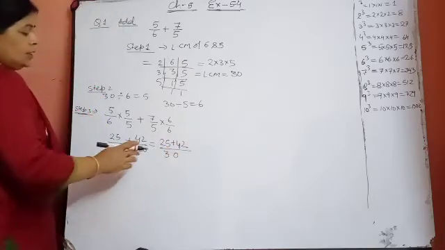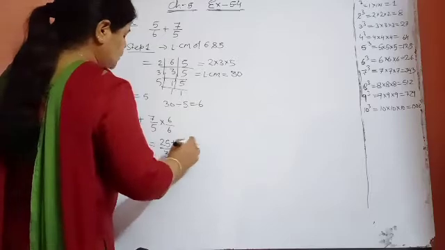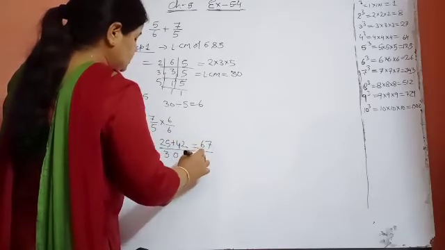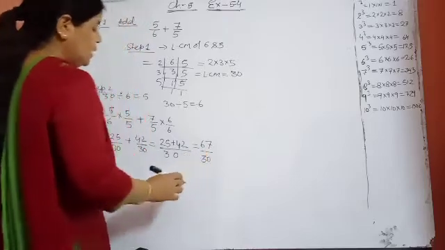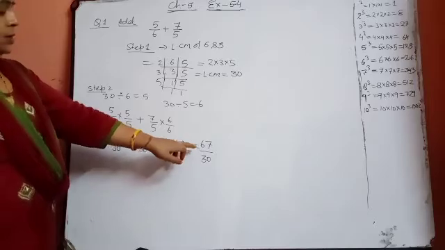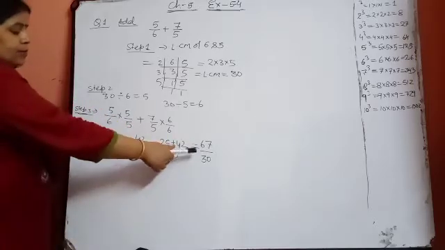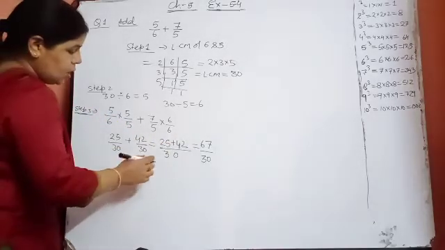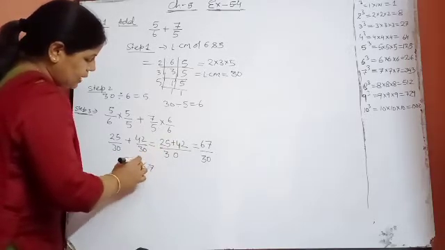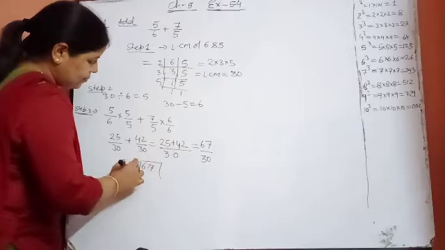Okay, so 5 plus 2 is 7, and 4 plus 2 is 6: 67 upon 30. Now this is an improper fraction, so it can be converted into a mixed fraction. How will you convert it? 67 will be divided by 30.